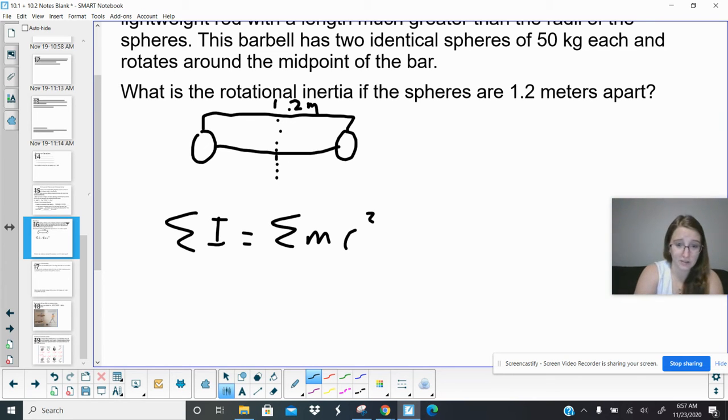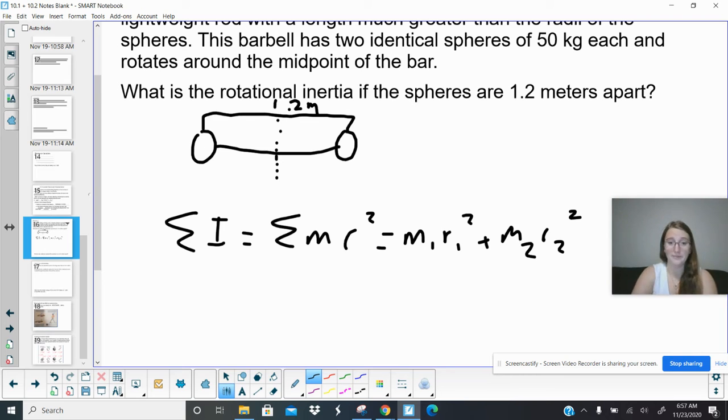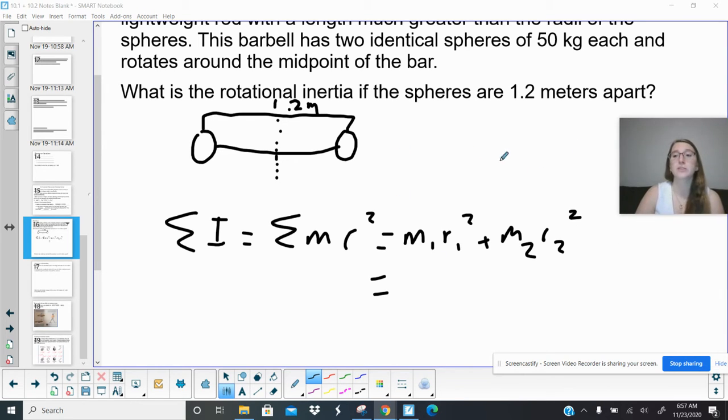So we have the mass of the first barbell times its distance from the center squared, plus the mass of the second barbell times its distance from the center squared. And that's it. The only thing to be careful about is noticing the distance from center.